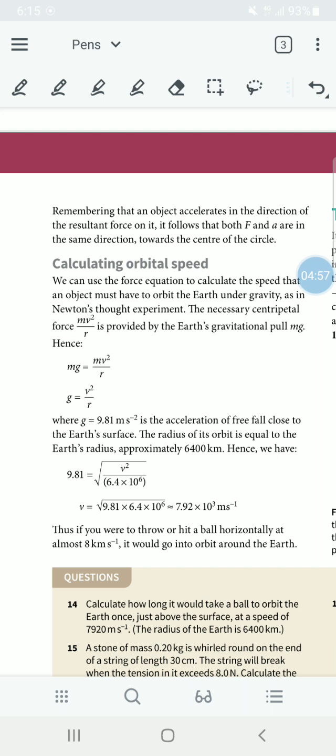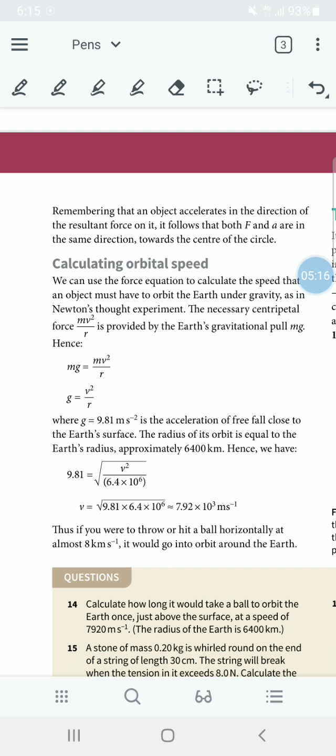So now, the radius means from the center of the earth. So that is about 6,400 kilometers.